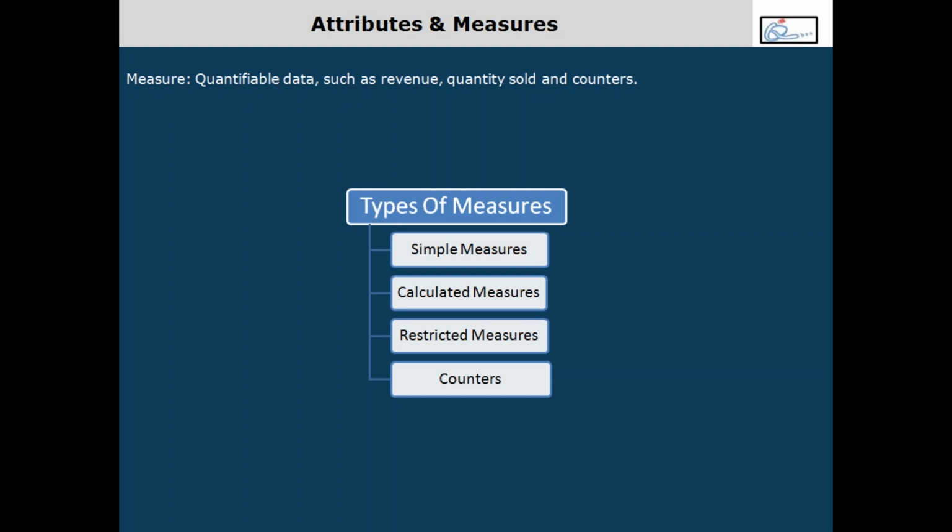Then we have a concept called restricted measure. This is more like an RKF. When you want to restrict the value of a measure based on the attribute value, then we call that a restricted measure, same like your RKF. Let's say I have amount and there's one more column, say delivery status.